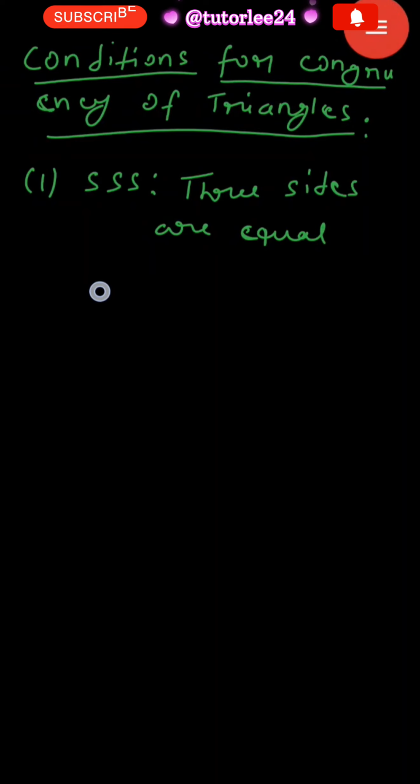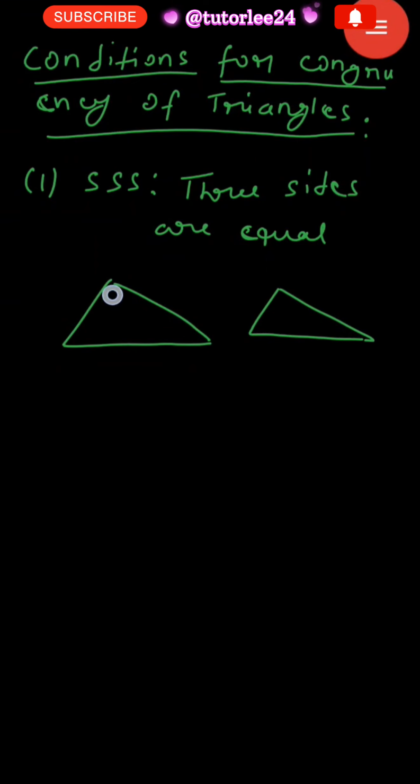So suppose the triangles are given here, and this side equals this side, this side equals this side, this side equals this side. So the 3 corresponding sides are equal in these two triangles. It means they are congruent by SSS congruency, we can write.